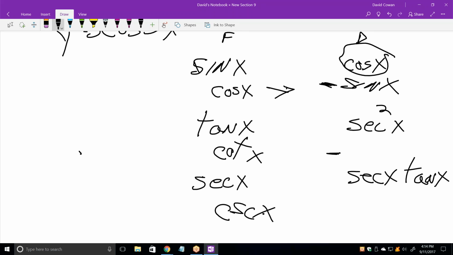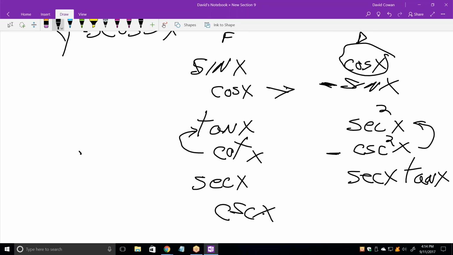What's the cofunction of secant? Cosecant. Notice the pattern. In other words, this is the cofunction of that, and that is the cofunction of that, only with a negative sign. So now tell me what the derivative of cosecant x is.